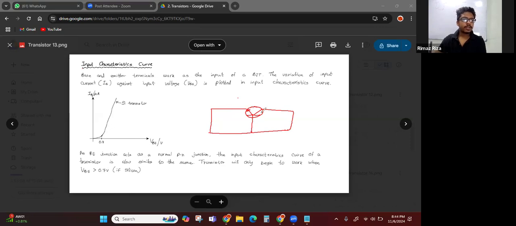So for this, you can consider common base or common emitter configuration. It's totally fine. So here base, NPN.